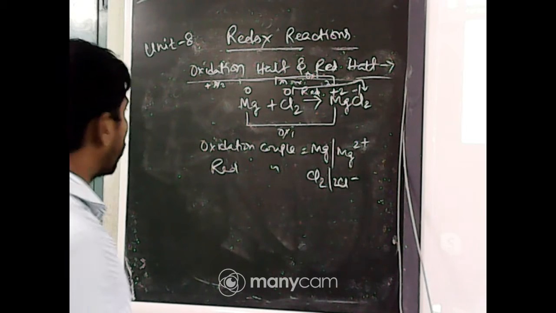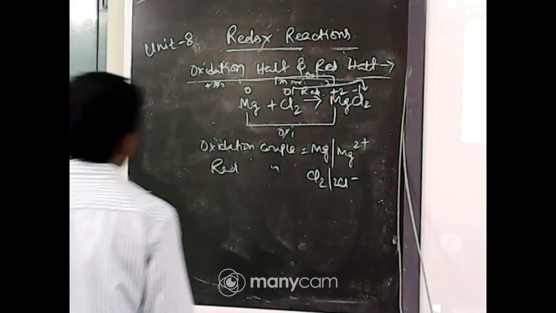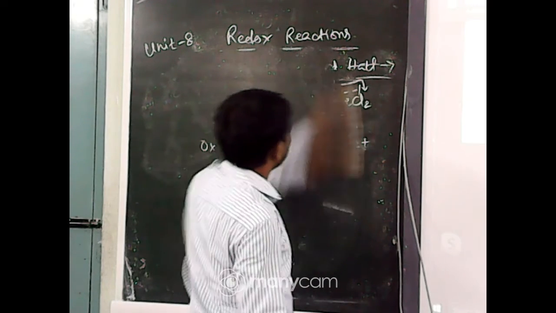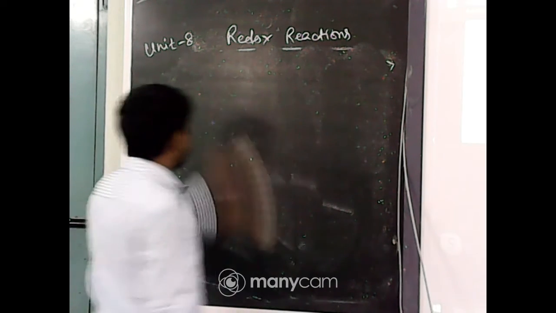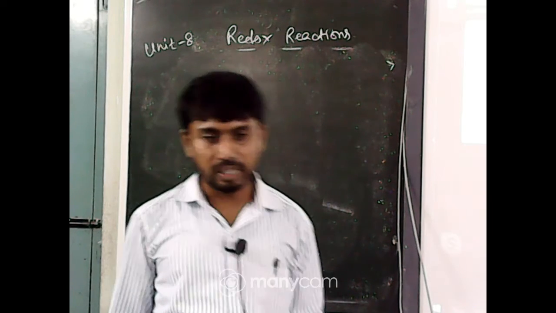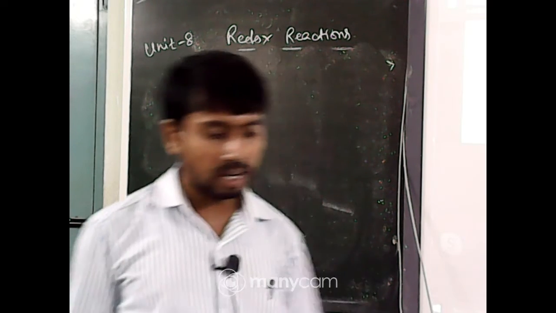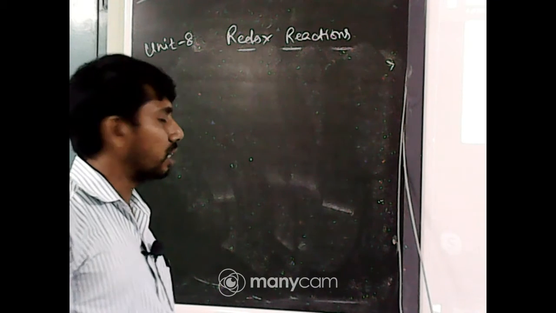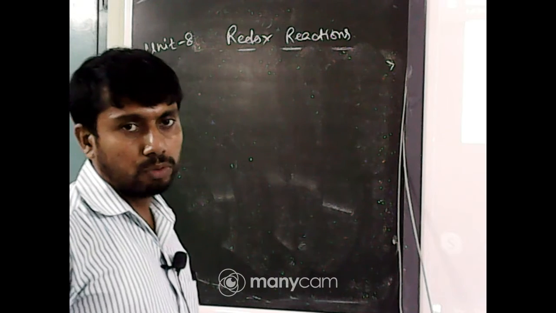Next one, the activity series. We have told earlier that in the activity series, the ionization potential will be accounted.